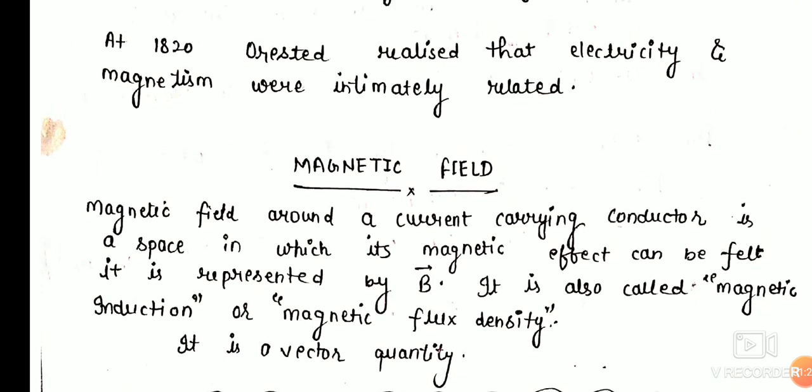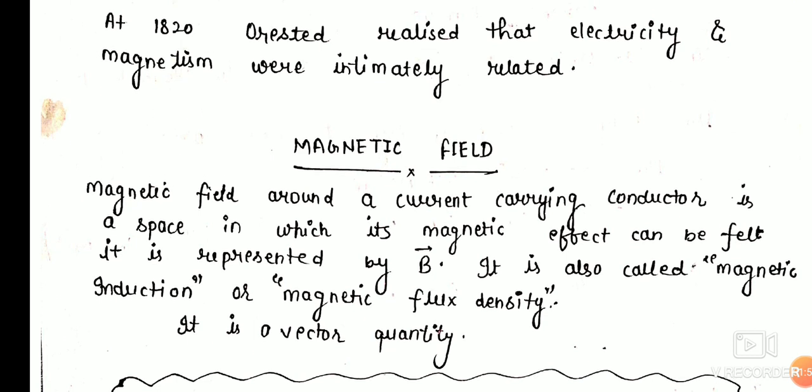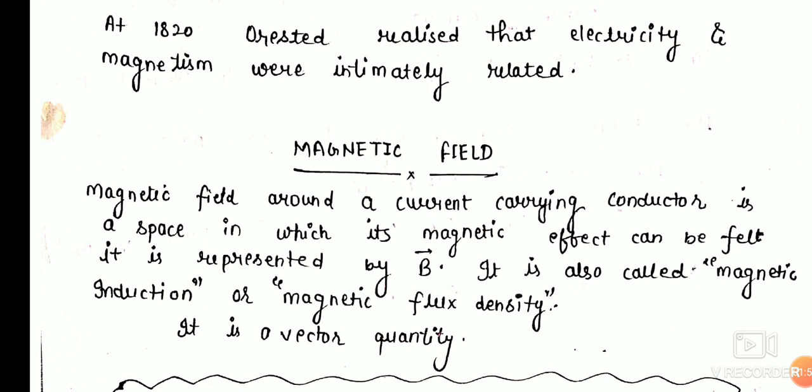The magnetic field is a space, a region around a current carrying conductor or a magnet in which the magnetic effect can be felt. So it is a region in which we can feel the magnetism due to a current carrying conductor or due to a magnet.